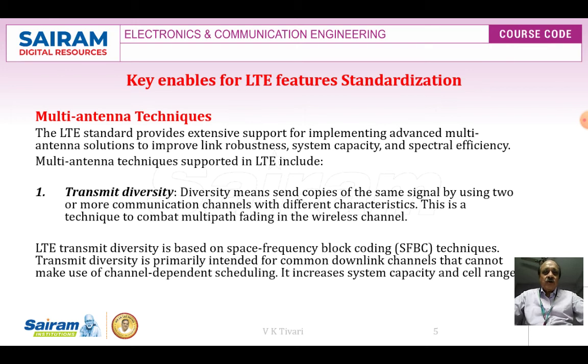Diversity means sending copies of the same signal using 2 or more communication channels with different characteristics. How can it be achieved? It is a technique to combat multipath fading in the wireless channel.